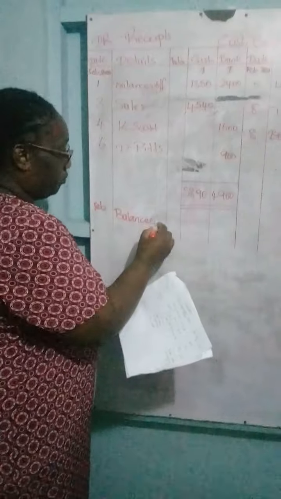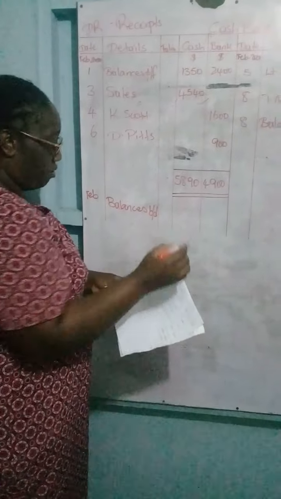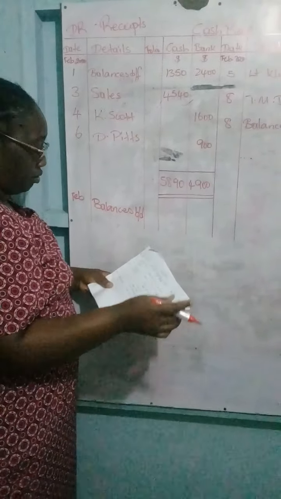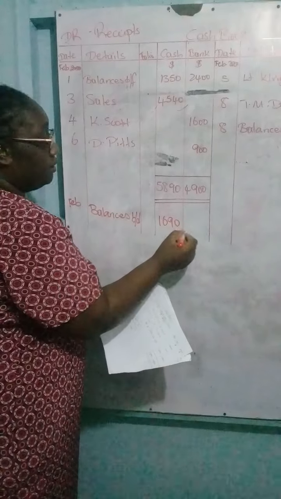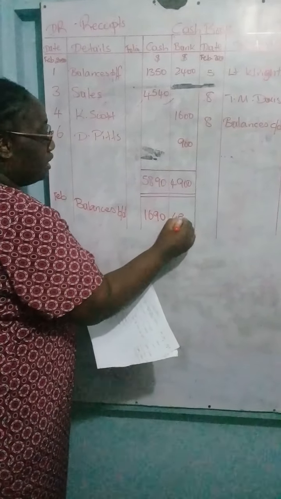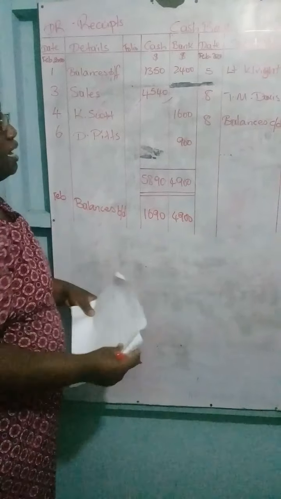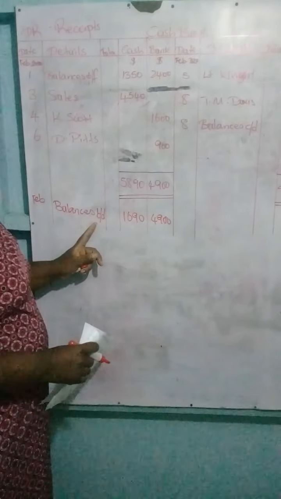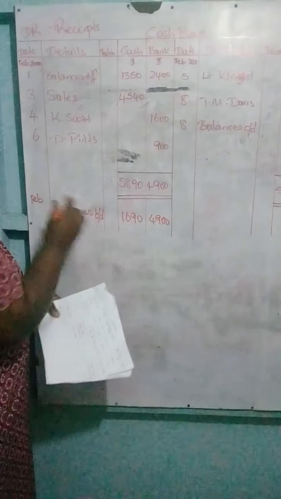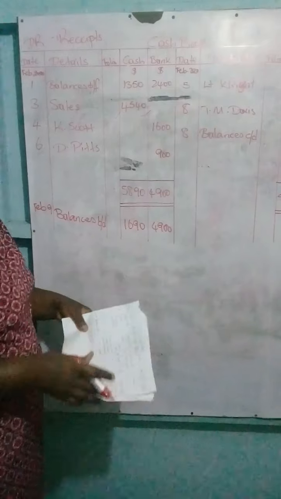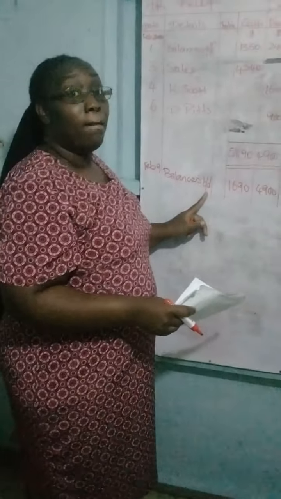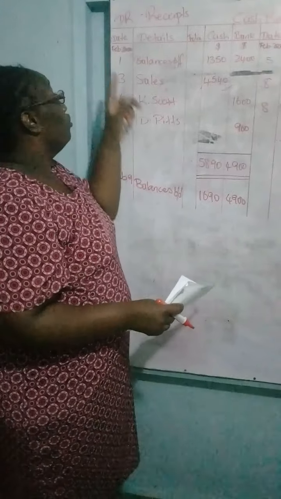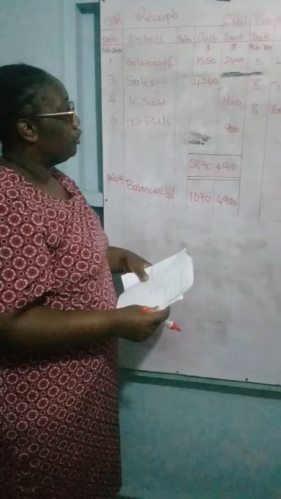Balances brought down, that's the difference between both sides, 1,690 and 4,900. So this balance CD becomes balance BD at the end of the transaction period, and then this balance brought down will now become balance brought forward into the month of March.